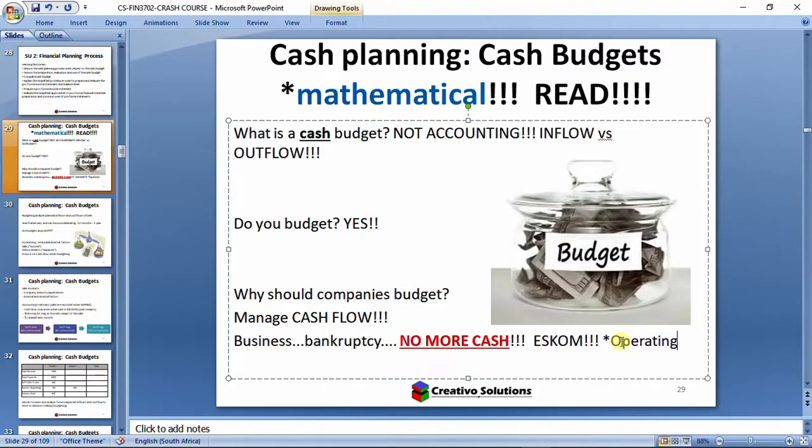So operating cash flow, it would be bad. Okay, but financing cash flow is good. So without government's help, this business would never have been able to continue running in the foreseeable future. Right, so it's all about managing cash flow.